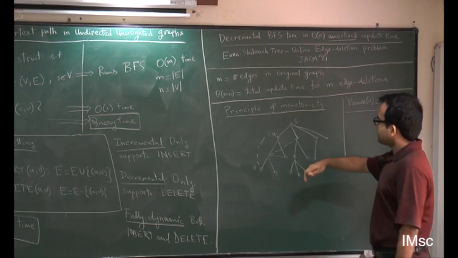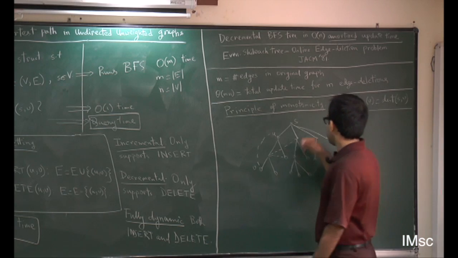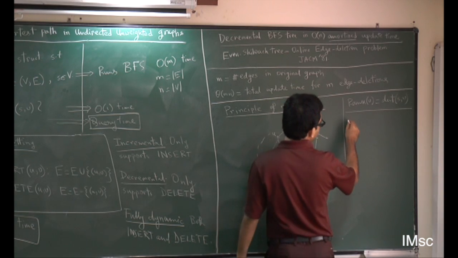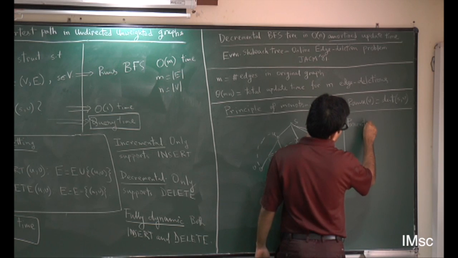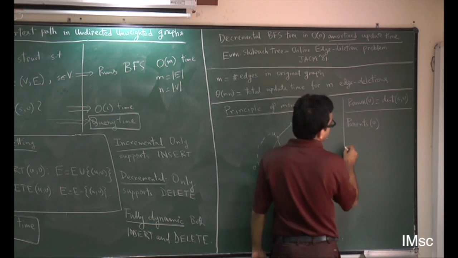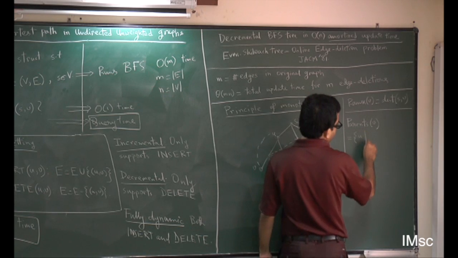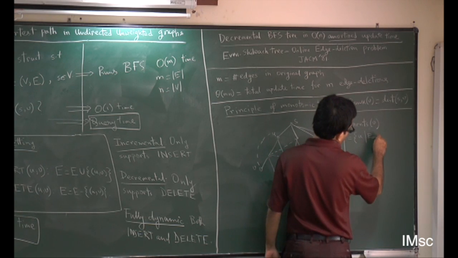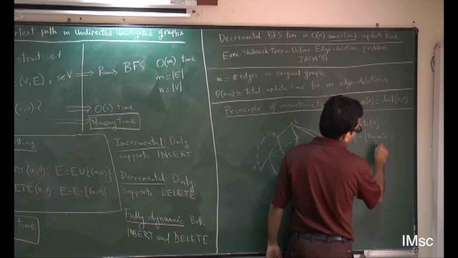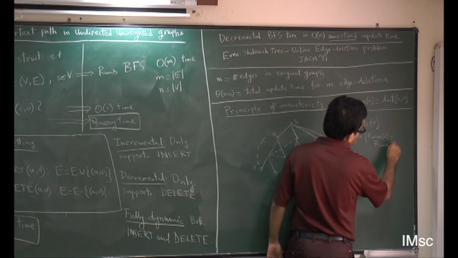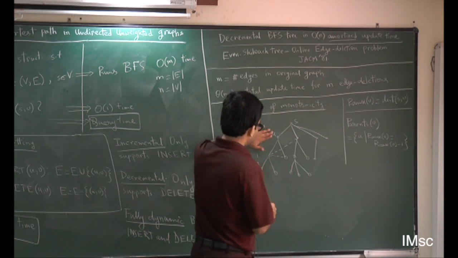So the list of neighbors a node has can be partitioned into 3 lists. One which I will call the parents of v. So parents of v simply means the nodes u whose rank is exactly 1 less than the rank of the current node.